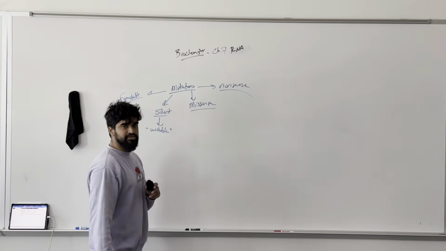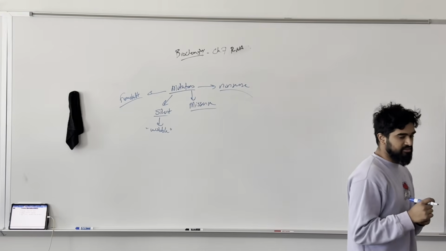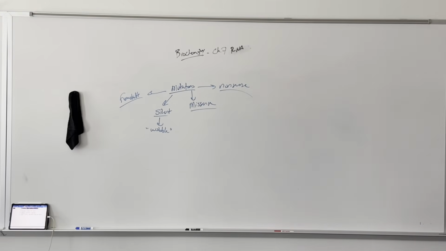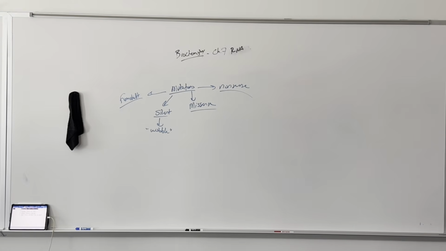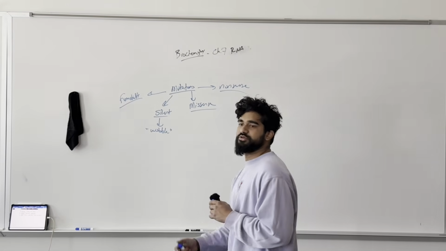So this is a mutation on a codon or a specific nucleotide base of the codon that does not implicate any change inside of the mRNA itself or the protein itself. Meaning that the amino acid that's produced from a silent mutation is the same as if there were no mutation at all.